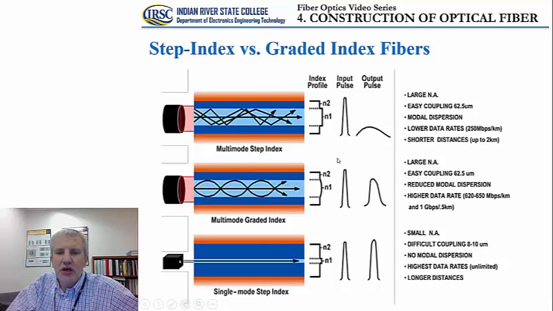Now, what you can also observe here is that the modal dispersion is much more pronounced in the case of the stepped index multimode fiber as opposed to the graded index multimode fiber. In other words, the multimode graded index optical fiber has a better performance from the aspect of dispersion compared to the multimode stepped index fiber.